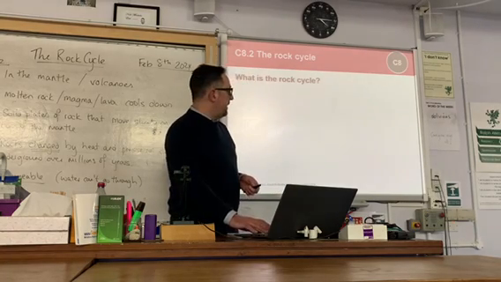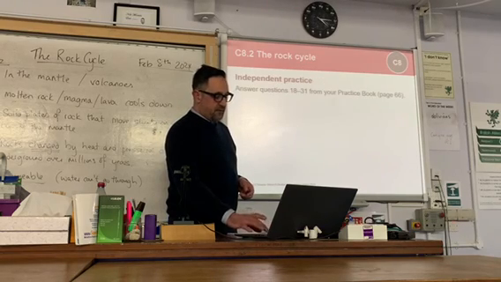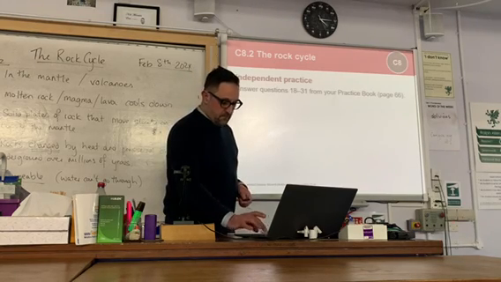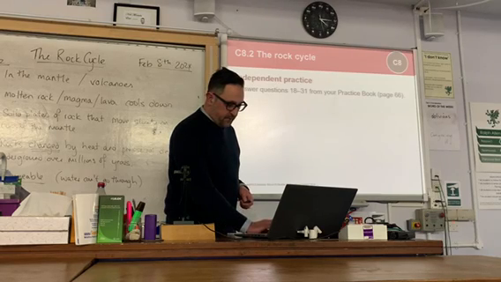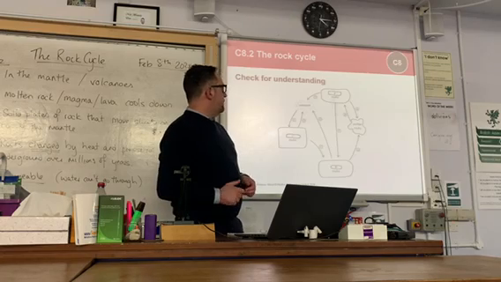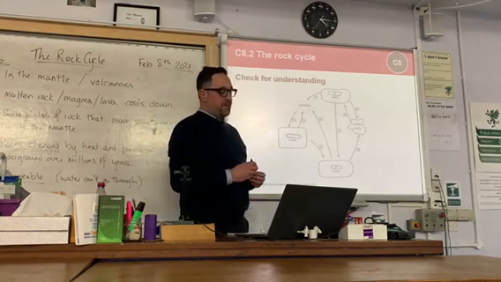Then out came the mini whiteboards, and the mini whiteboards allowed us to check for understanding. Why can't I go up a slide? Go back. There we go. And using this diagram, we check that students understood how the rock cycle occurs.